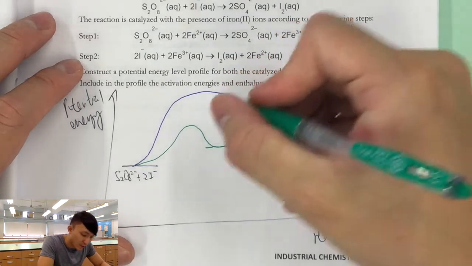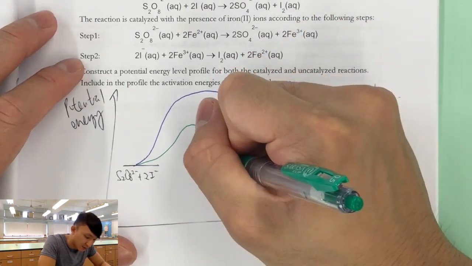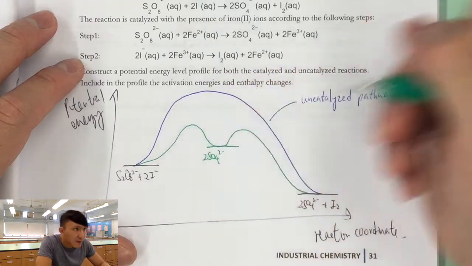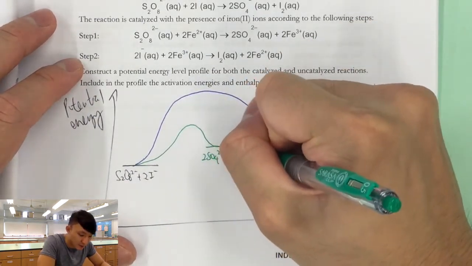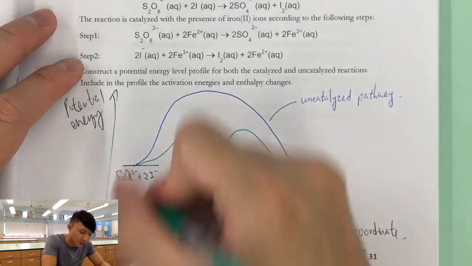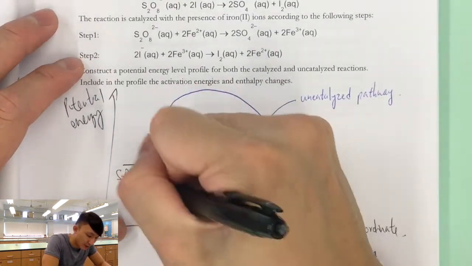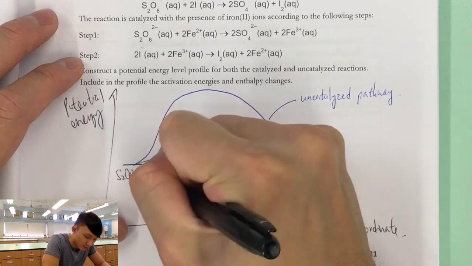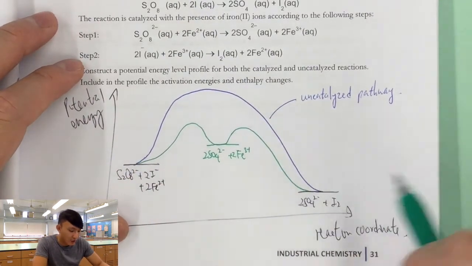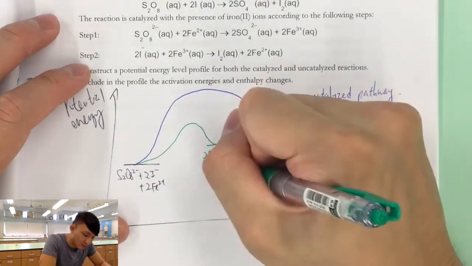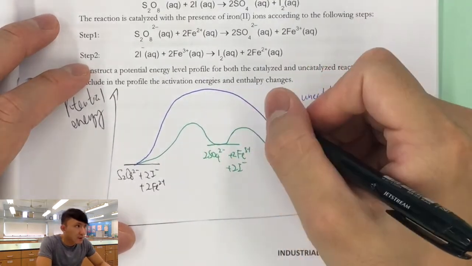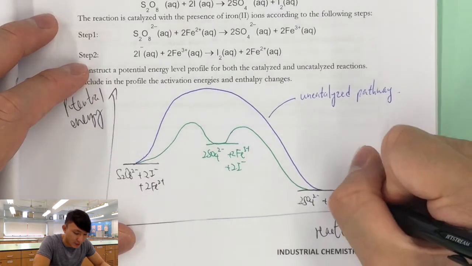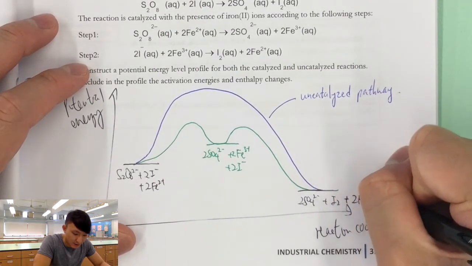So you do have the SO4 2 minus here, but you also have the Fe3+, and you also have the unreacted iodide ion. And at the end here we should also have the Fe2+.